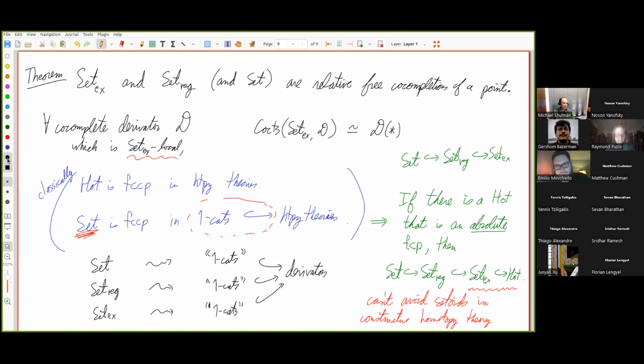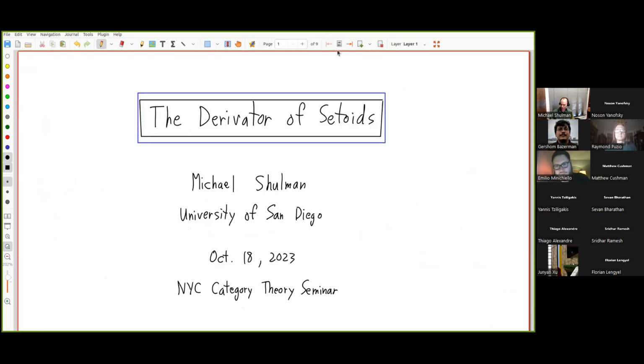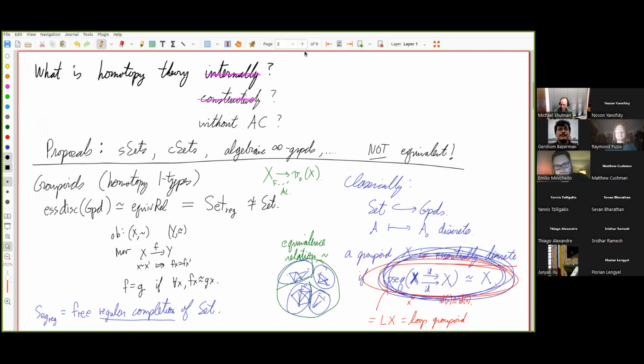I did start thinking about this because I was thinking about models of type theory, and in particular, these examples that I mentioned here have been studied constructively as models of type theory. It's unclear: some of them are models and some of them aren't, and it's a question of whether they're equivalent to each other and which one is the right version.